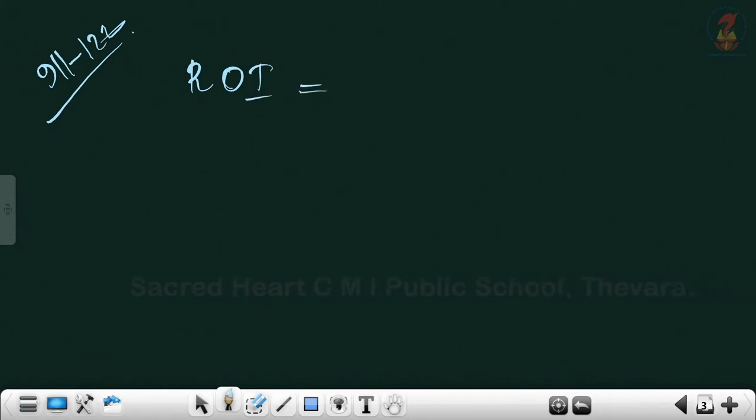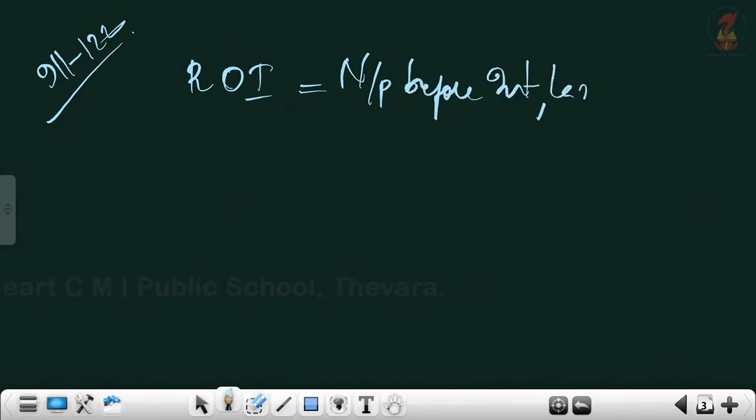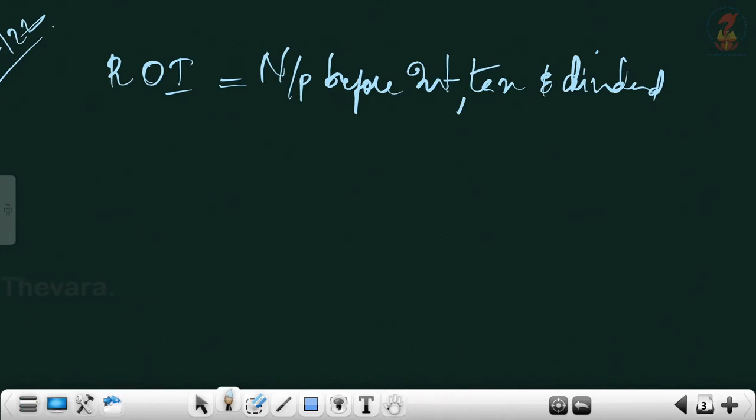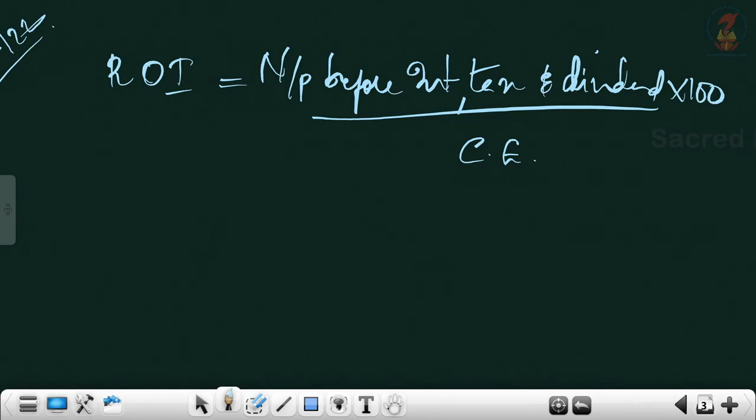Both are same. On investment, what are you earning? And the formula is net profit before interest, tax and dividend divided by capital employed into 100.